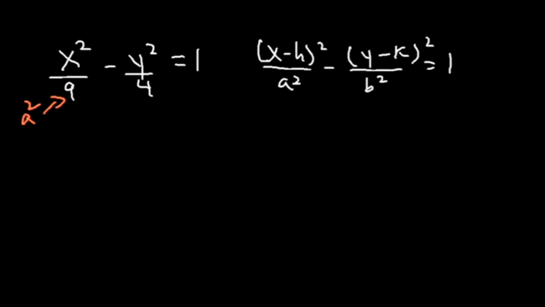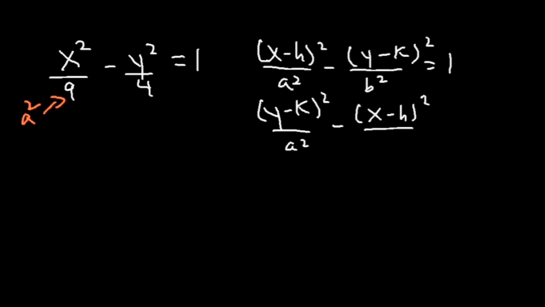You can also have the other form of these equations, which is (y minus k) squared over a squared minus (x minus h) squared over b squared equals 1. Whichever one is positive is associated with a, and whichever one is in front of the negative sign has the b squared.